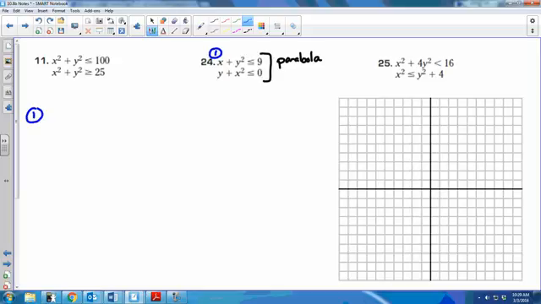Let's start with the first one. If I want this to be in standard form, what has to happen? You have to get the y squared by itself, so I have to subtract x. I'm going to write it as negative x plus 9 because we like to have the x in front, right? Still not in standard form, though.